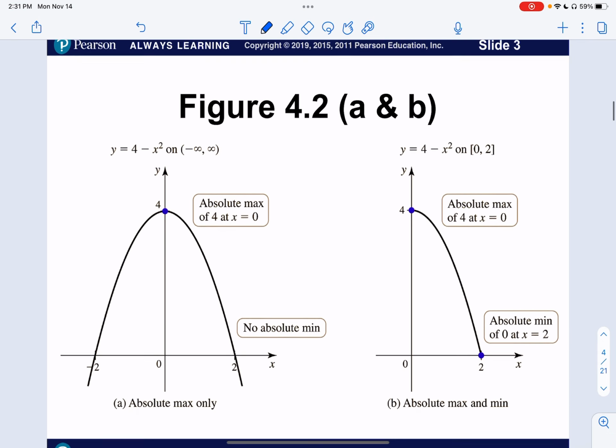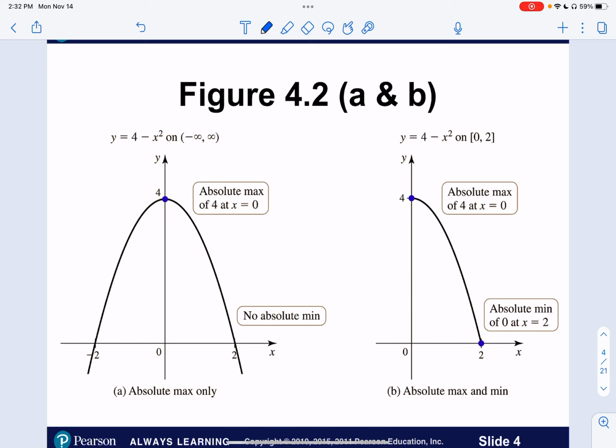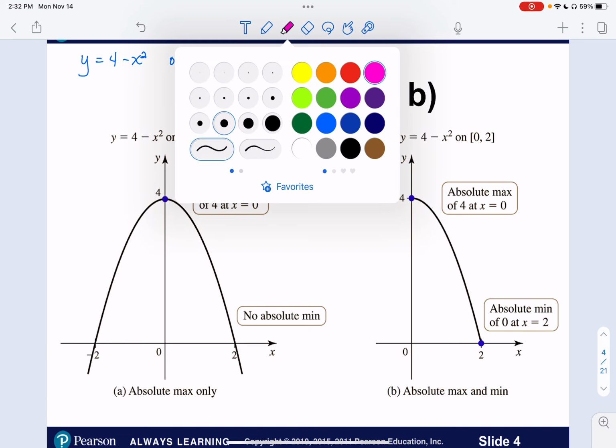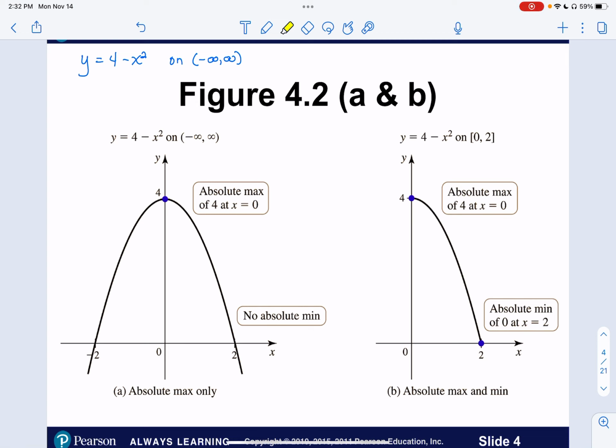So if we take a look at figure 4.2, we have y equal to 4 minus x squared, and we're going to think about that on all reals, from negative infinity to infinity. Then we can see that the absolute maximum of this function is 4 at x equals 0. It makes sense from what we know of parabolas, right?